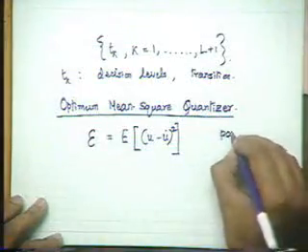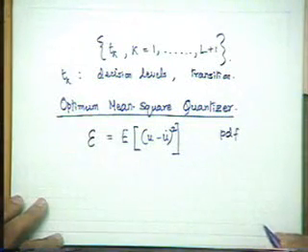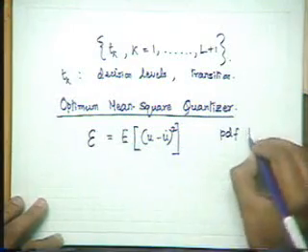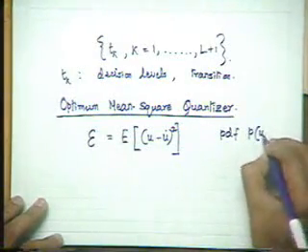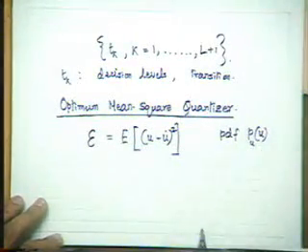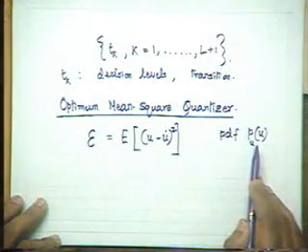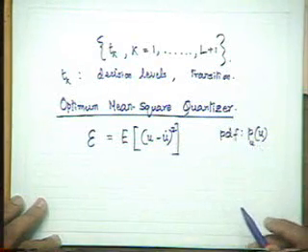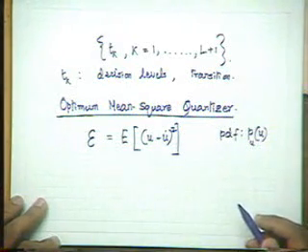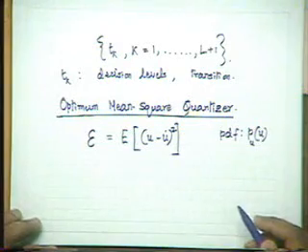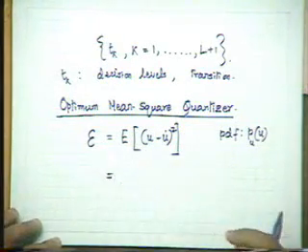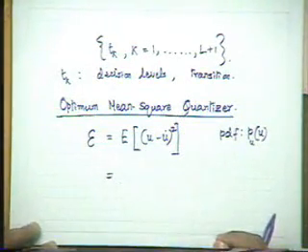And if we say that the probability density function, the PDF, of this continuous variable u is written as P of u with respect to the variable u, in that case, what will be my expression for this expectation?